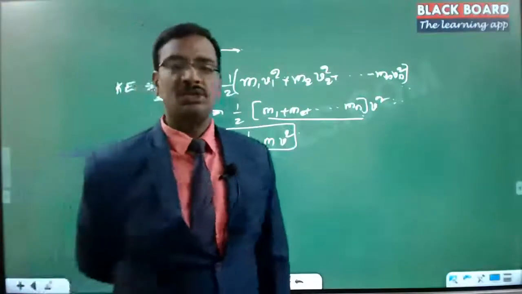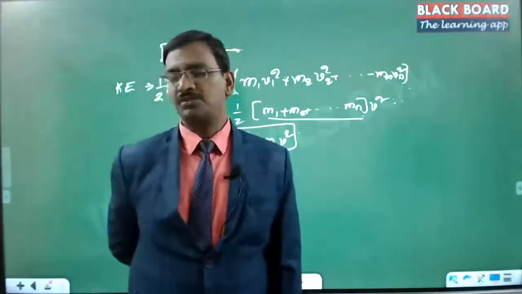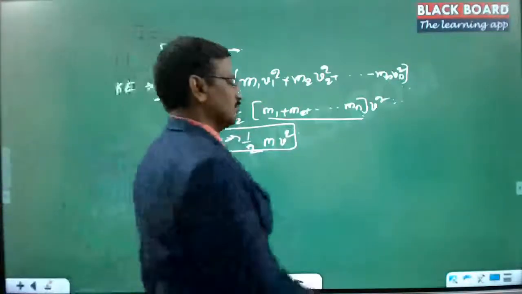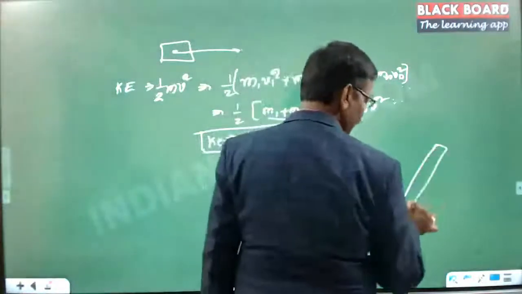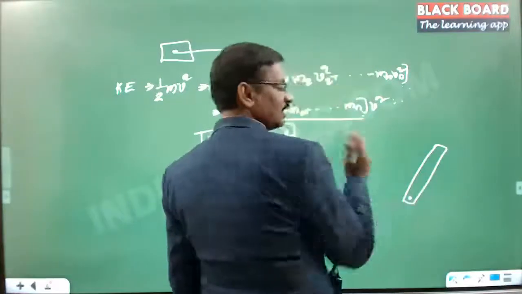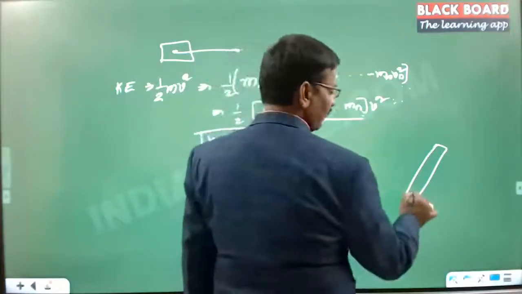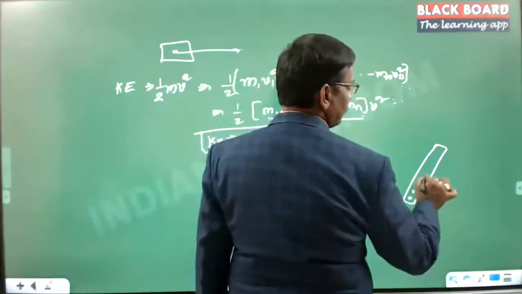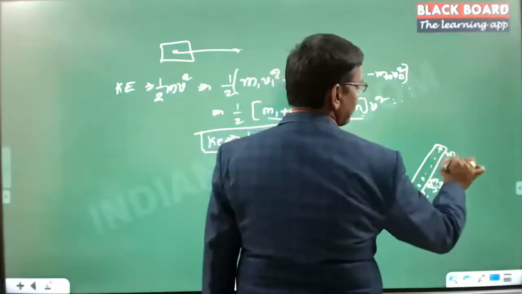But you want to bring the same thing for rotational motion. That is not as easy as this. What we do is, suppose there is a rod like this, and this rod is rotated like this, and let us say we have a particle m1 here, m2 here, m3 here, and so on up to mn here.